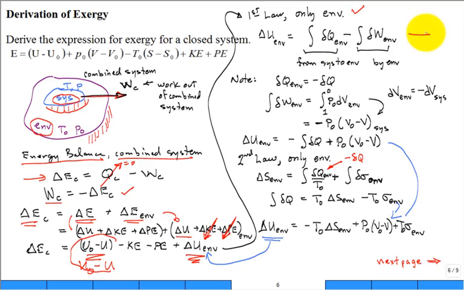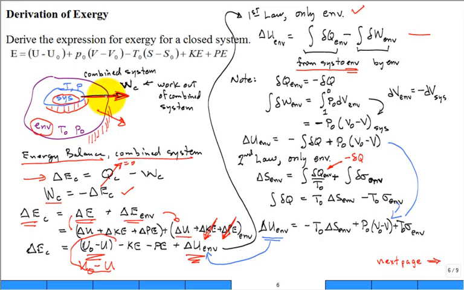So we have the sum of the heat transfers from the system to the environment. That's the only way you can have a heat transfer to the environment. Remember, there's no heat transfer from the environment to the rest of the world, the universe. So the only way is between them. And then you have the work. There's no expansion work of the environment to the rest of the world. It's only this shaft work, this useful work coming out of the combined system.